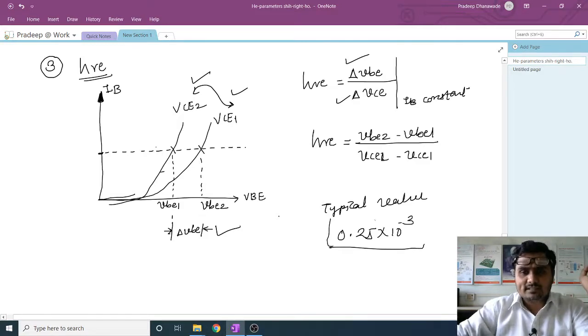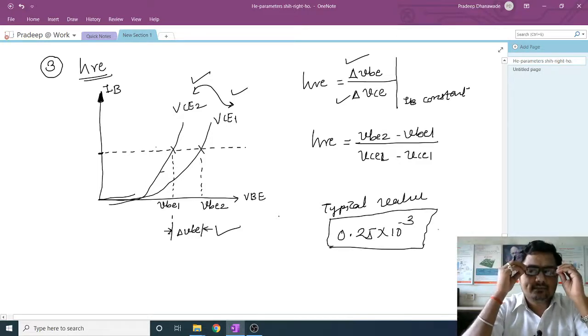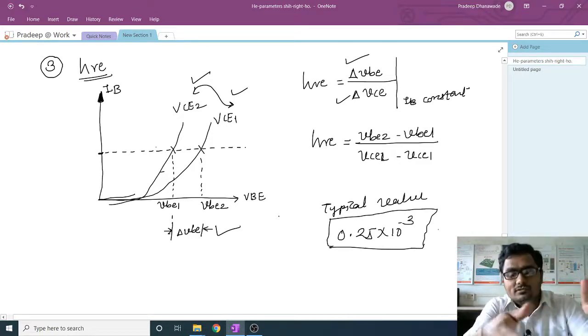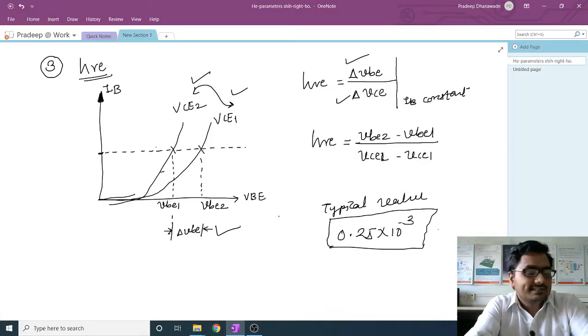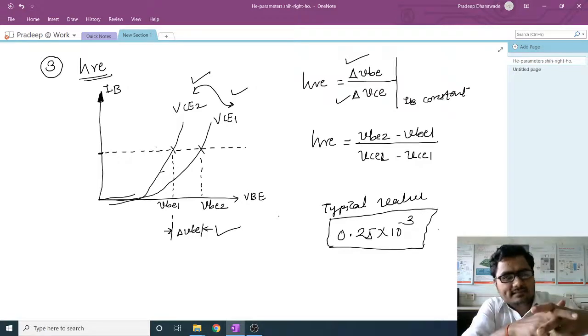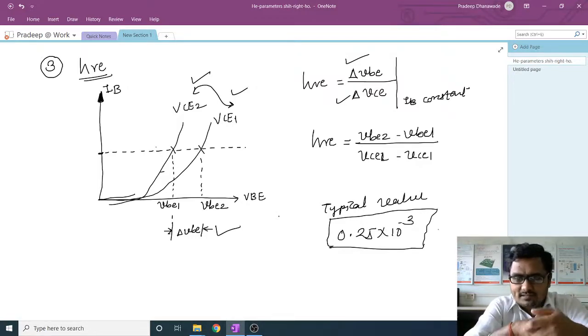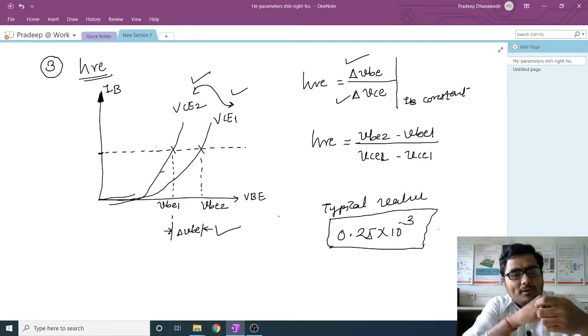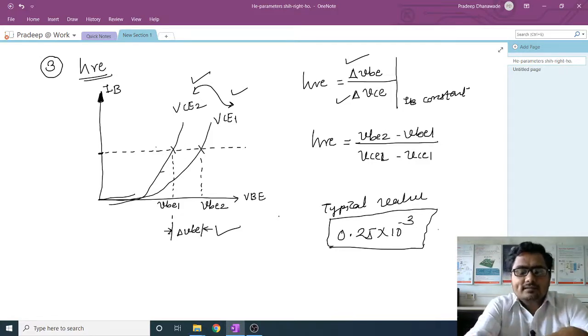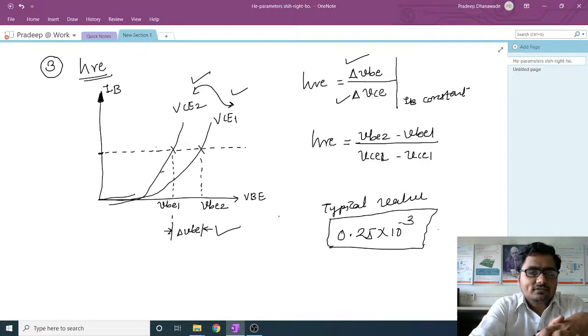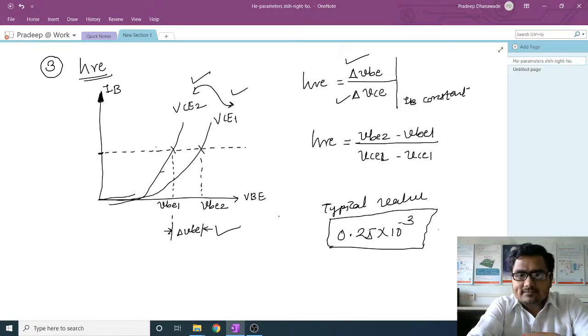See, I told you that when you are performing a practical, which transistor you use matters a lot. If you are using a different transistor, you will get different values, but those are some common typical values. If something is not given, for example, if you are solving a numerical and the HRE value is not given, then it's always better to assume that typical value instead of searching the data sheet for the exact transistor, even if you don't know the exact transistor.